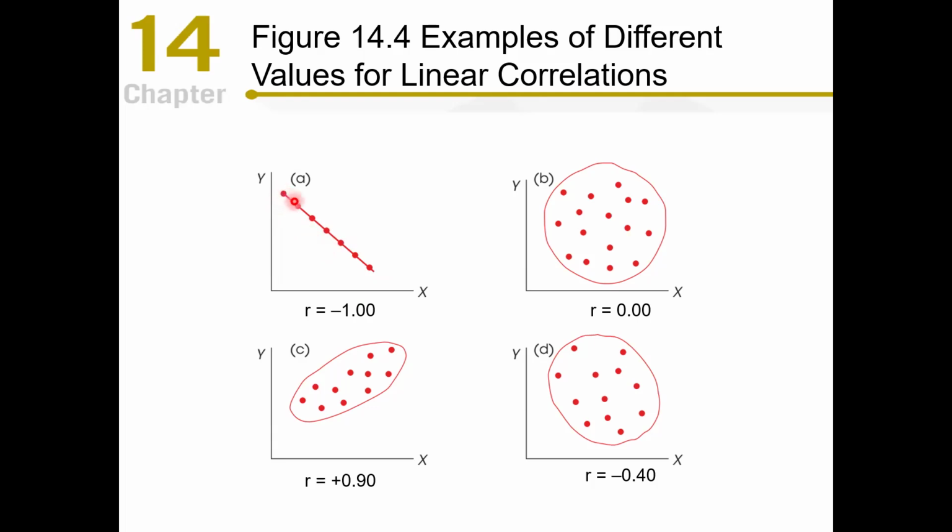And so this is a perfect relationship. You see this line here, that imaginary line that our data points are lining up on. That's a perfect negative relationship. These coefficients cannot be any greater than 1 and can't be any less than -1. So they're somewhere between -1 and +1.